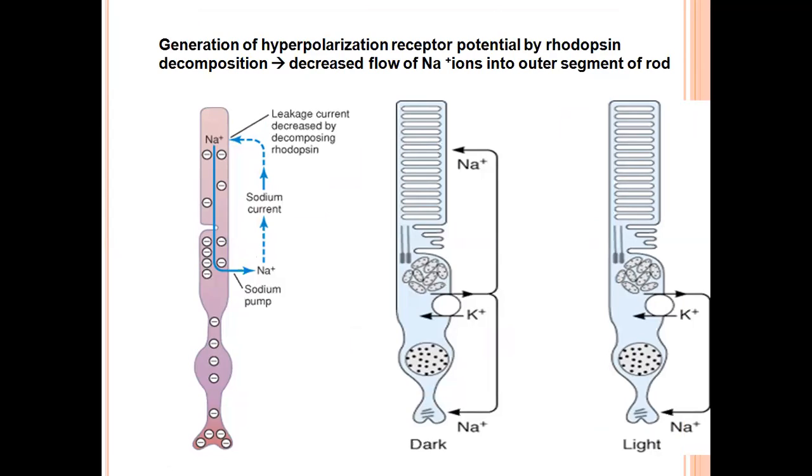Now what is the ionic role, or why is there generation of hyperpolarization in rods and cones? Because of the generation of potential in rods and cones, the cause is the closure of sodium channels. In the outer segment there is a presence of sodium channels.